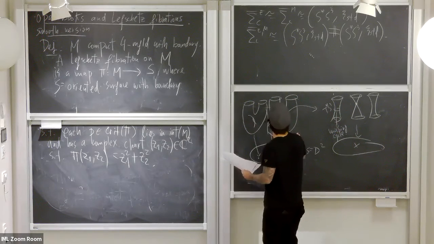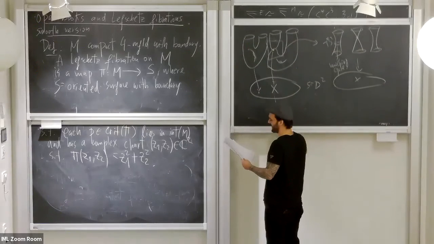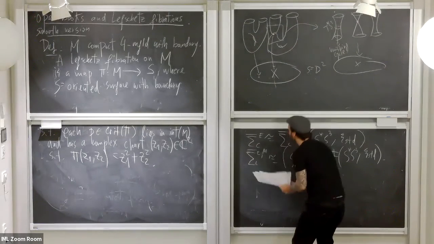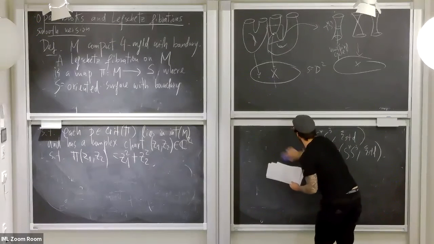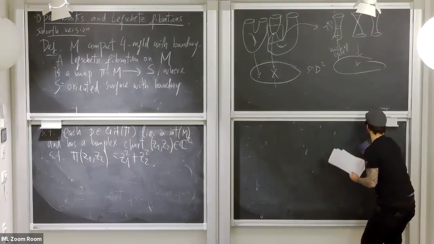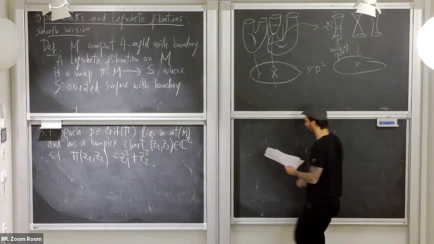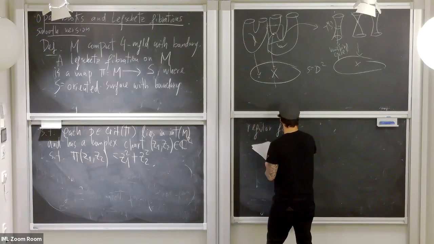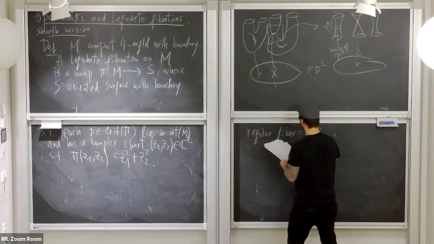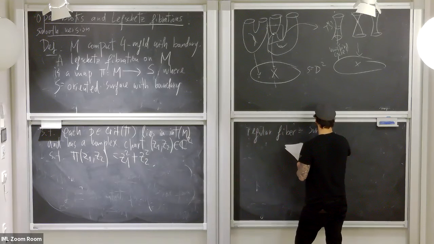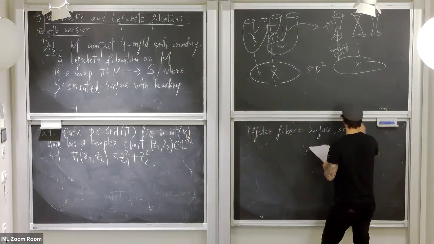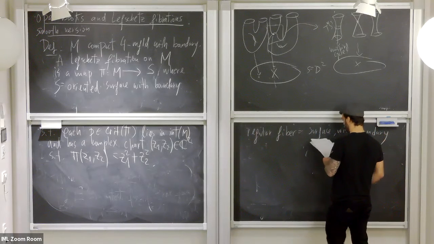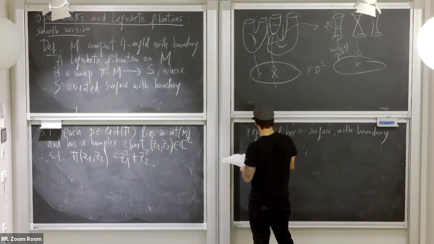Anyway, so the regular fiber is just a surface. Well, it's a surface with boundary. And the critical points are nodal.